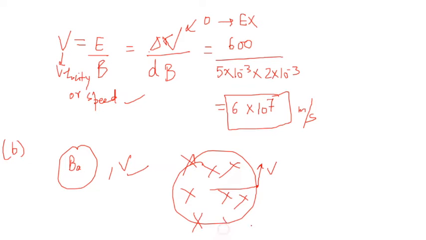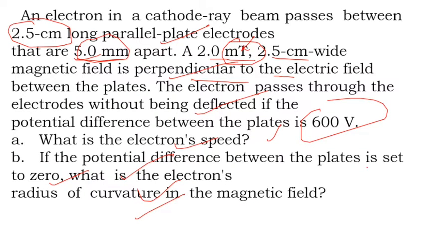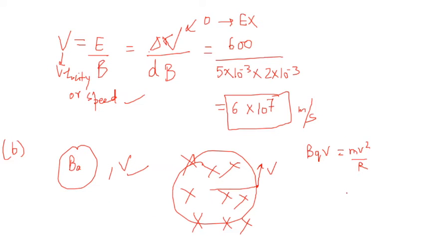In these kinds of questions you know that we use BQV. This is the force, which is equal to the centripetal force. We have to calculate the radius of curvature. So R will be mv square divided by BQV, which is mv divided by BQ.